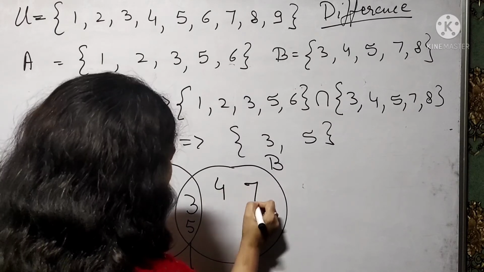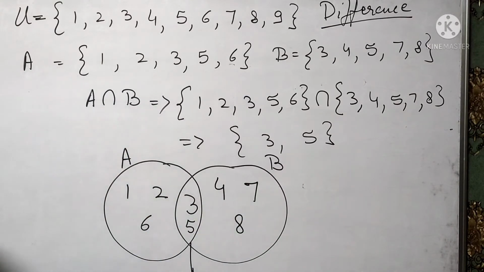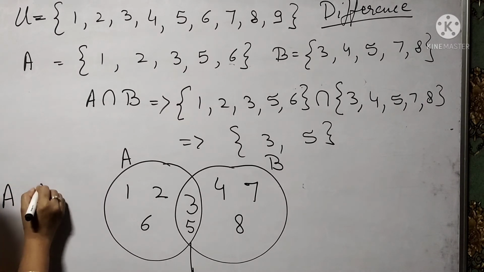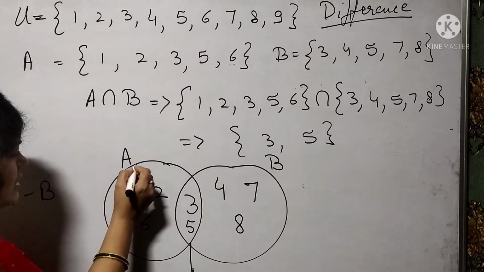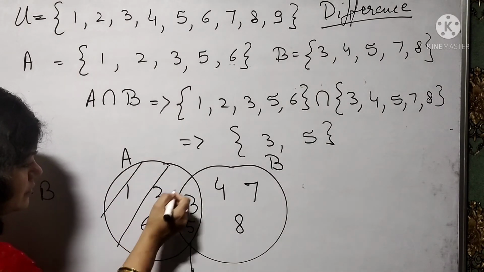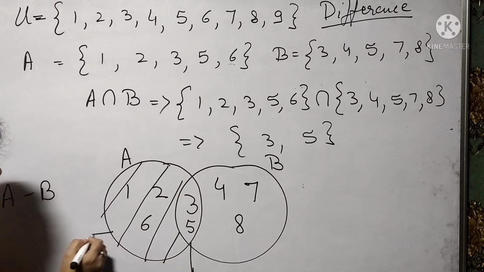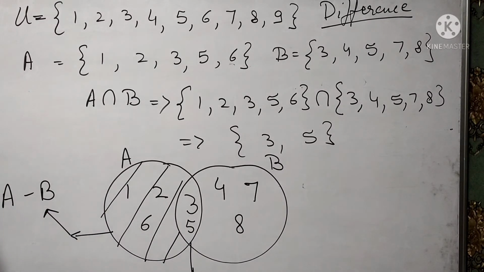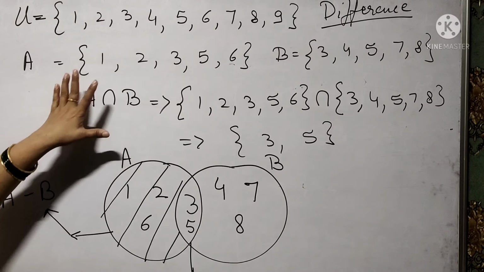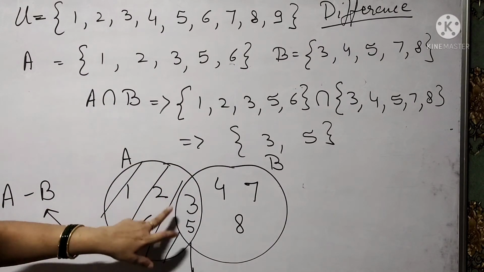4, 7 and 8. Now if we have to represent A minus B, then this portion represents A minus B, because if you find the answer, you get 1, 2 and 6.